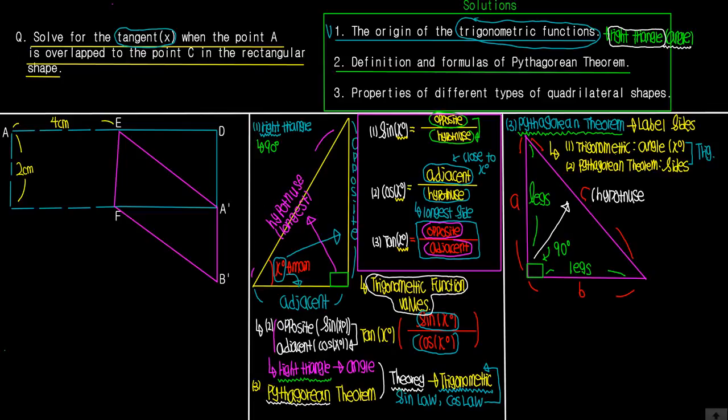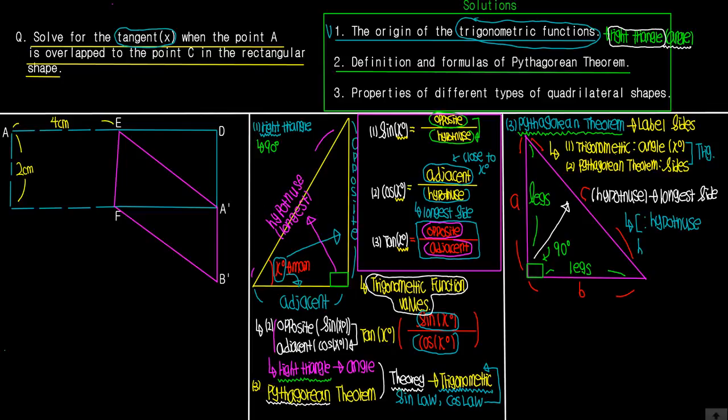What is the hypotenuse? It is the longest side of the right triangle. So the C value is the most important thing, our hypotenuse, the longest side.